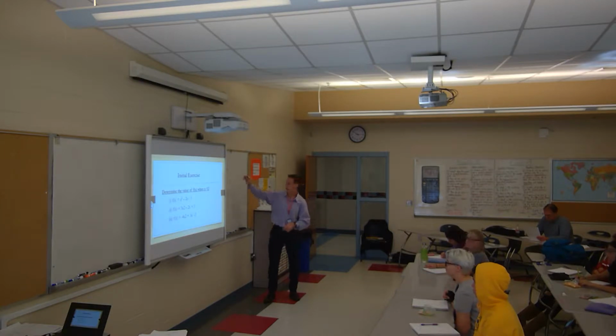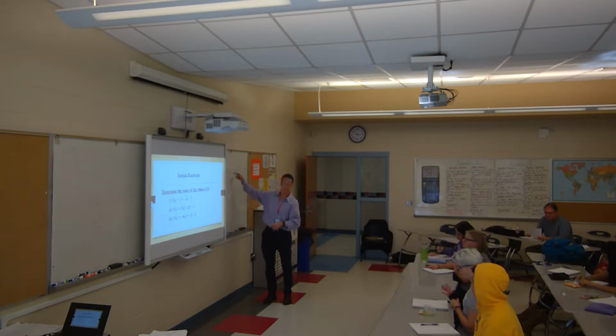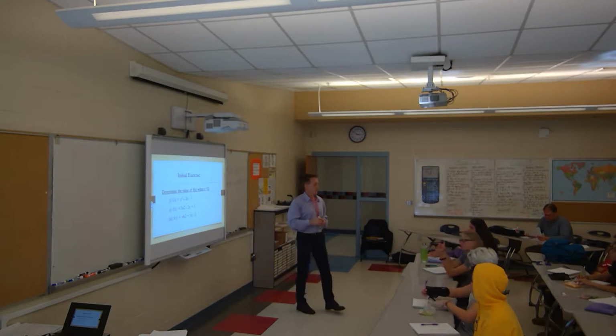It'd be 2 squared minus 2 times 2 minus 3. Yep. And then I solved for the square, which would be 4. Then 4 minus 4 minus 3. And what'd you get? So the first one was negative 3. Did everybody get that?